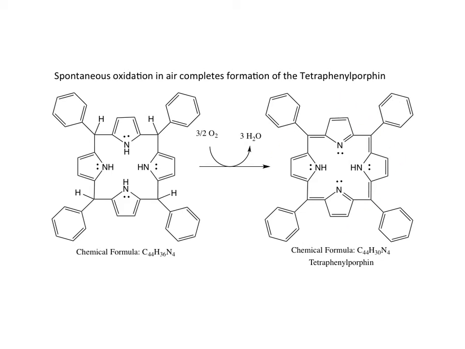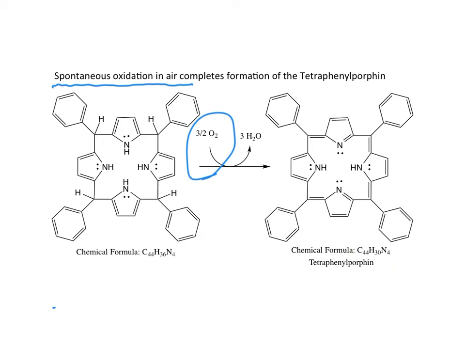We're just going to deal with spontaneous oxidation in air, right? Just the presence of air as we work this up oxidizes this to form our final tetraphenylporphin, right? There's our final tetraphenylporphin.